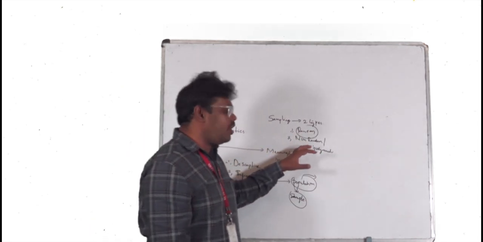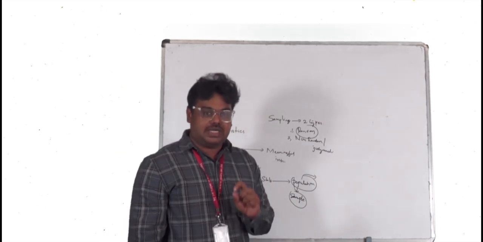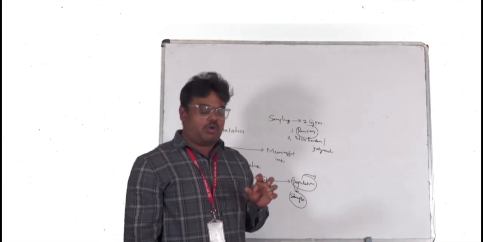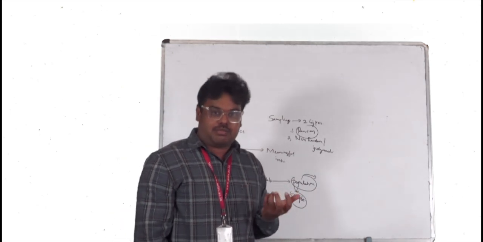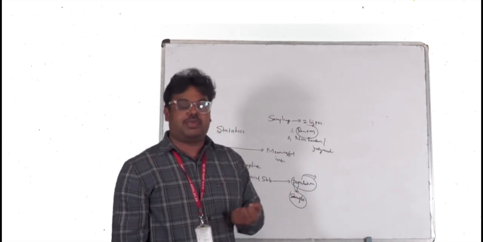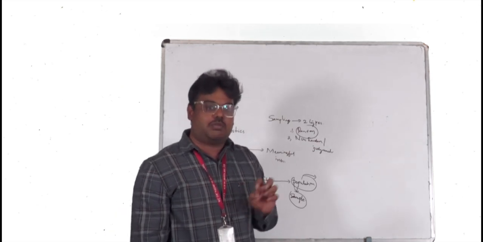Whereas in non-random or judgmental sampling, we have a preconceived idea about how to pick the samples. For example, I want to measure the height of the students from AP who completed their 10th class, but I focus only on the Madanapalle region. Why?